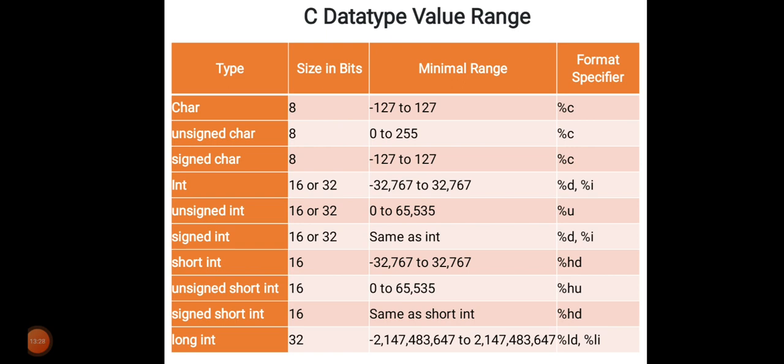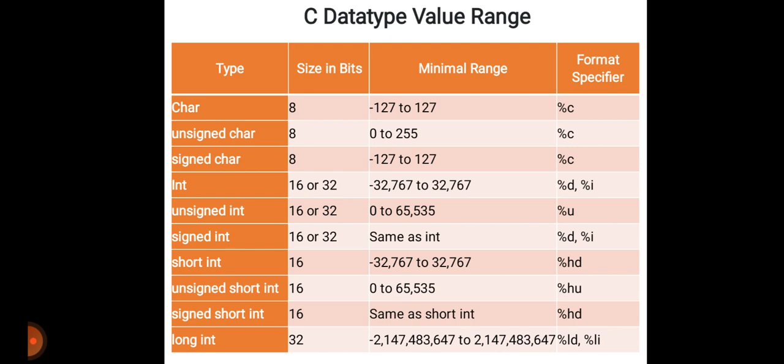Then integer type. Integer type may be 16 bit or 32 bit. Then the range for this is minus 32,767 to plus 32,767. And if you have to print integer type, then you have to use the format specifier %d or %i. Then unsigned integer is 16 or 32 bits in size.